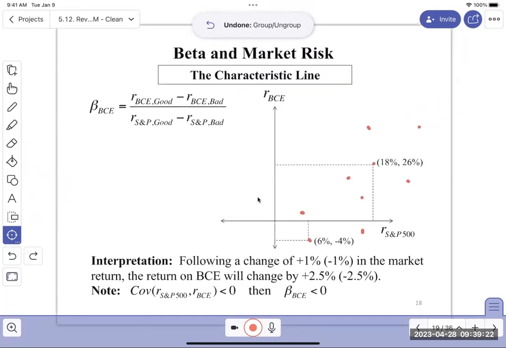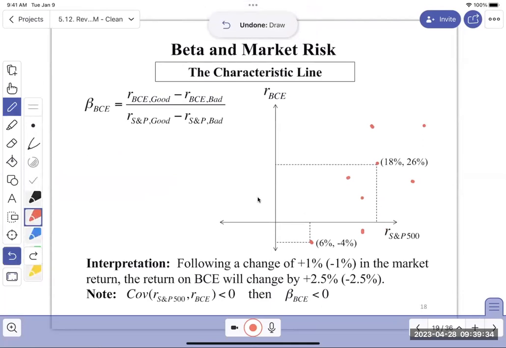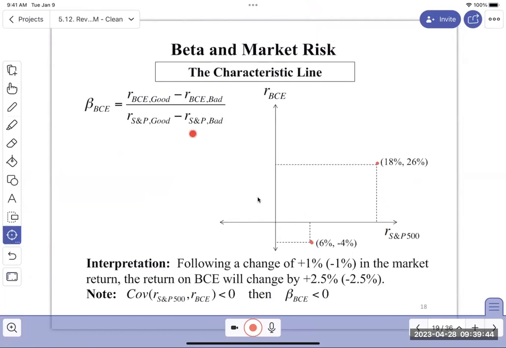But right now I just gave you two observations and it won't let me erase. There we go. So we only have two, so it's simple to just get the basic slope with two observations, and that's what I do here.